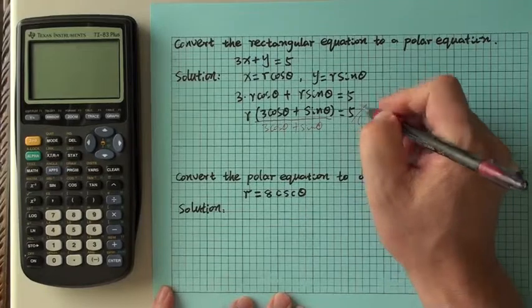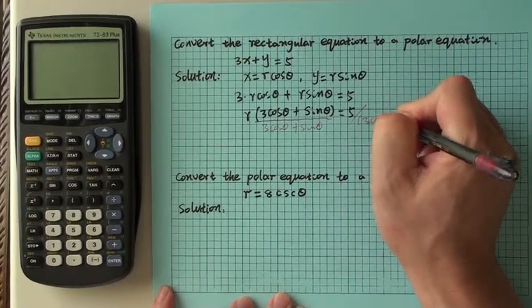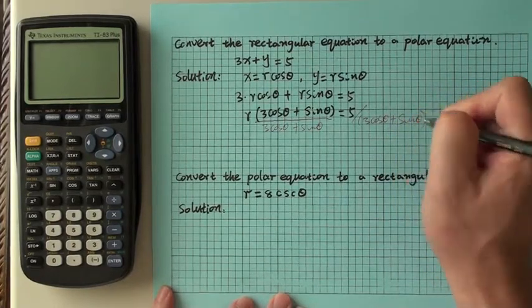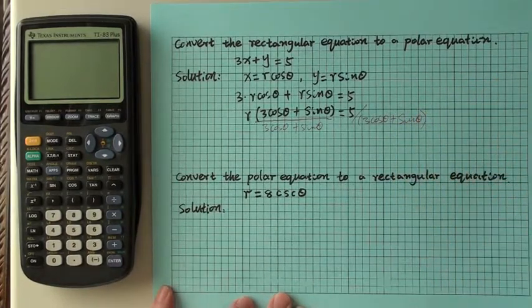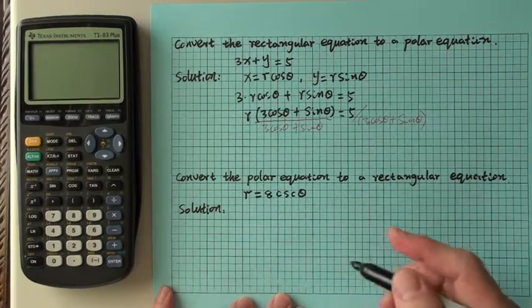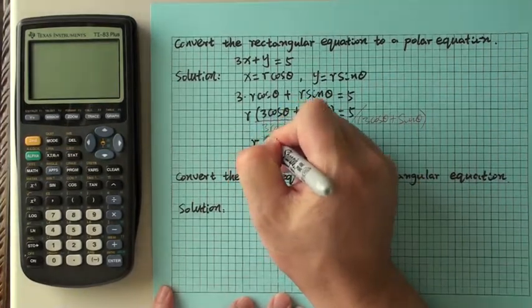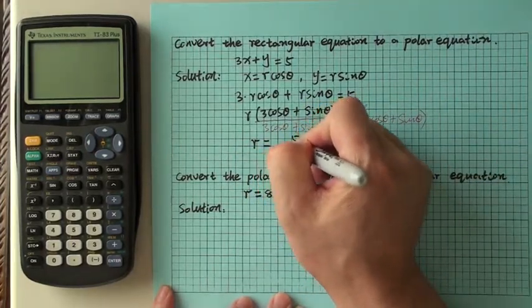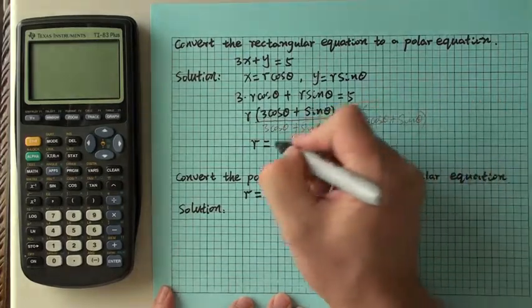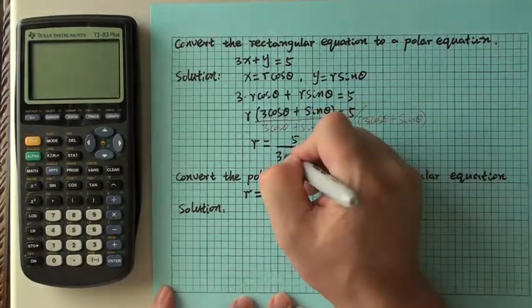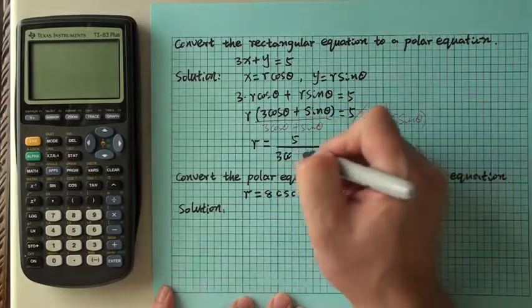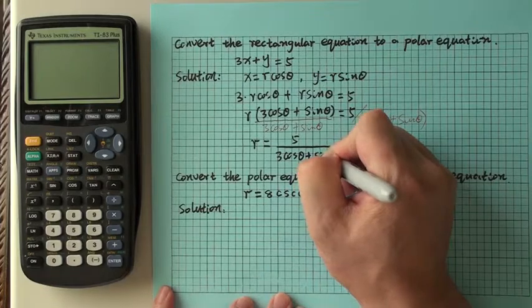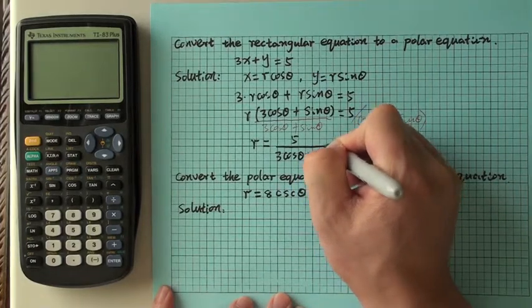The right-hand side is the same. So we get r equals 5 divided by 3 cosine theta plus sine theta.